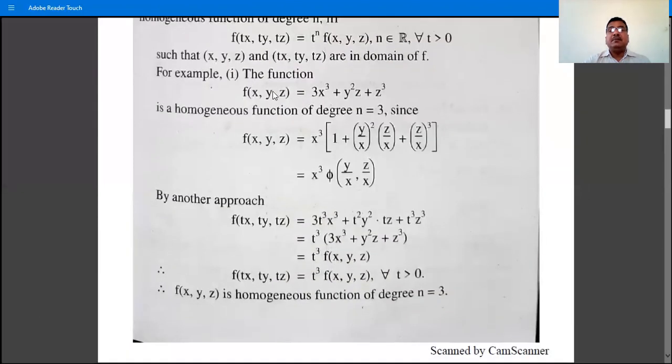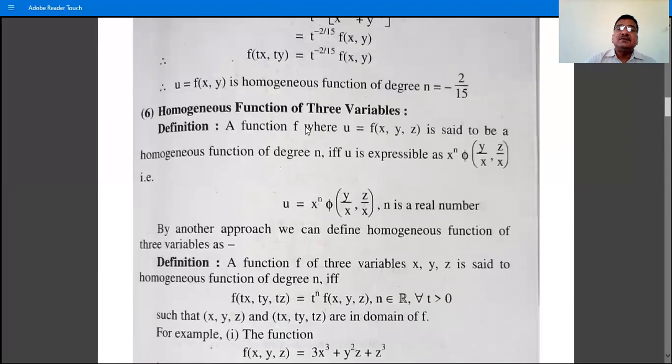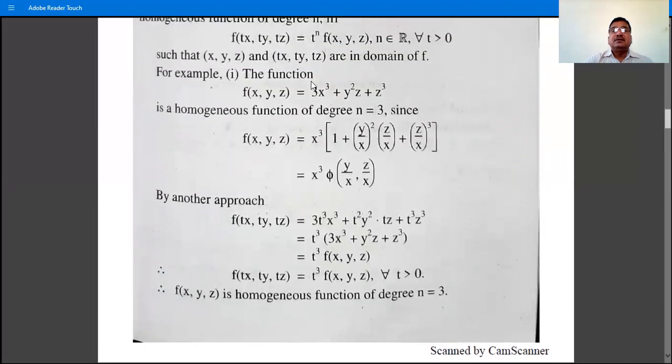We can also give the definition of the homogeneous function of 3 variables as: f(x, y, z) is called a homogeneous function of degree n in x, y, z if the addition of powers of x, y, z in each term is equal to n. So for example, this function f(x, y, z) is equal to 3x cube plus y square z plus z cube.